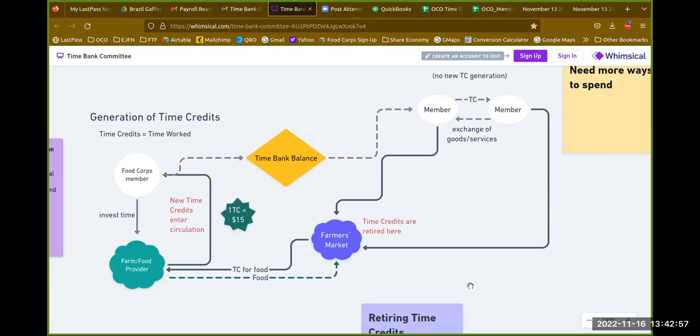We would have to discuss with organizations like Second Harvest to see how the time bank system can be worked into that model, or how we can meld those two models together. Because remember that any entity, farmer or food business that requests help from the Food Corps is obligated to accept time credits in lieu of money, in Canadian currency.